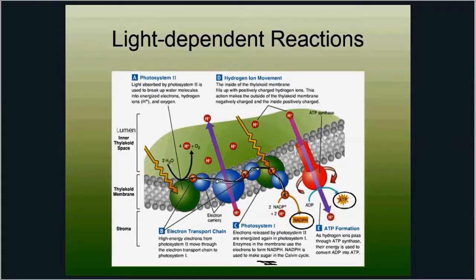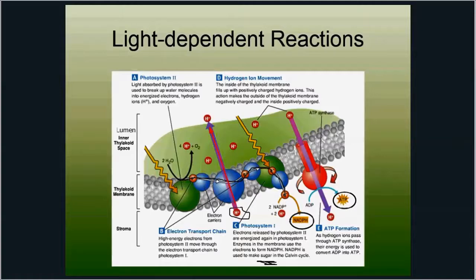Every time that electron is moving through these proteins in the electron transport chain, the positively charged hydrogen ions are pumped into the lumen, or inner thylakoid space.